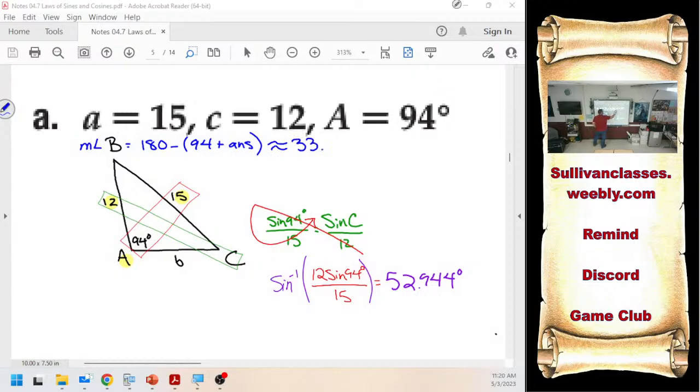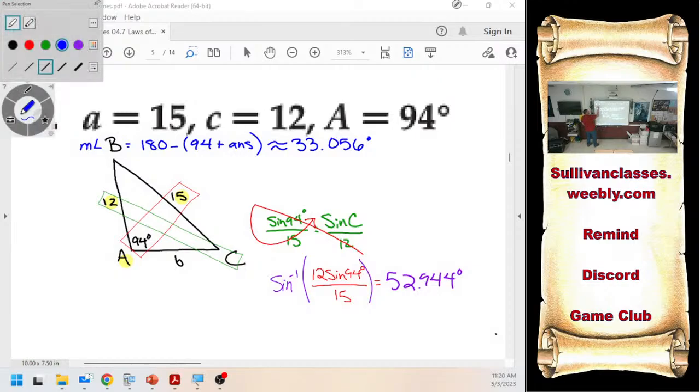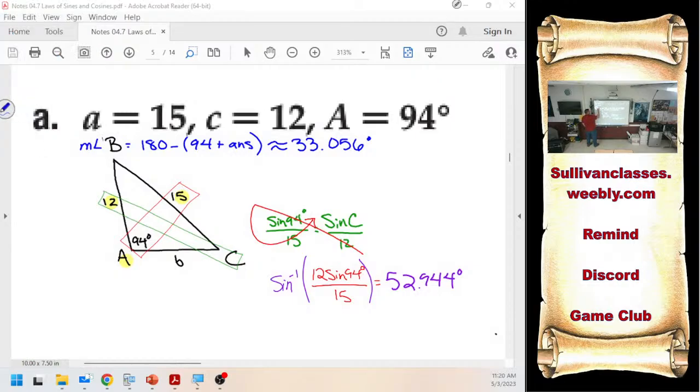33 point who where? 056? Okay. And now that that's my most recent answer, okay, now Jace, I'm trying to find a side. Now I can use the cheater. Okay.